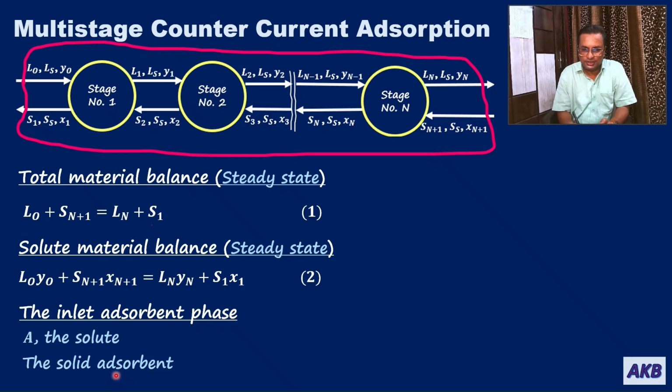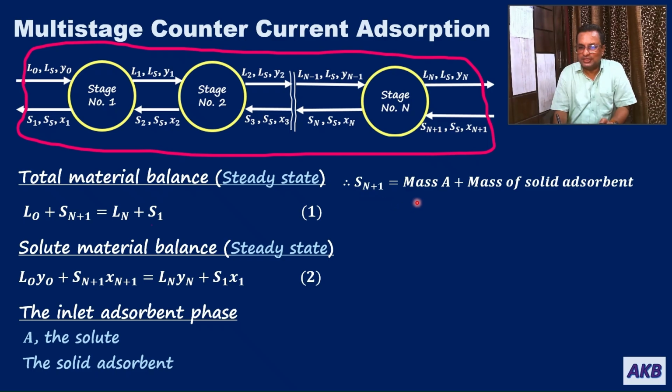Mathematically, it will be written like this: Sn plus 1 is mass flow rate of E plus mass flow rate of solid adsorbent. That is, Sn plus 1 is equal to Xn plus 1 into Sn plus 1, which is nothing but mass flow rate of E, plus Ss, which is nothing but the mass flow rate of solid adsorbent.